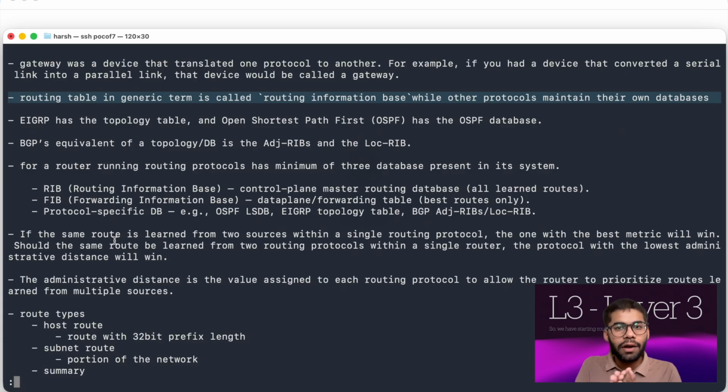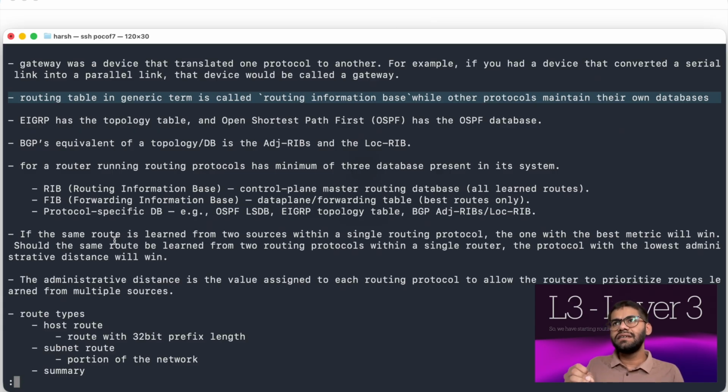But when we talk about the metric, for example, a route to a particular destination may have two paths. The same destination can be reached using two hops, and both are advertised using the same protocol. So within the context of a protocol, we have to decide which route to add in the routing information base. That is done using the metric.